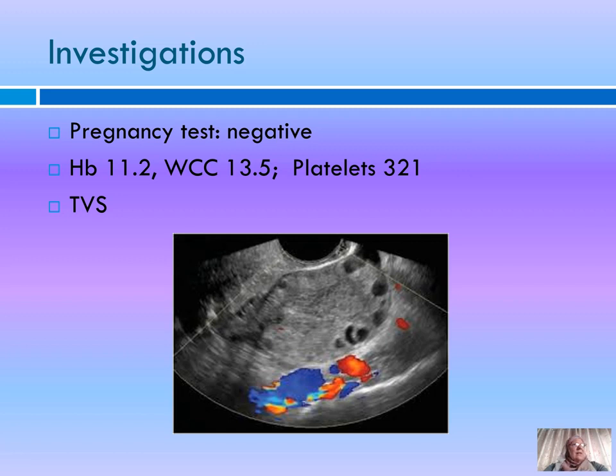And here you can see a slightly swollen adnexa. This is the right adnexa. It's slightly swollen, and it has a lot of blood flow around the adnexa. But there's no significant blood flow visible within the adnexal mass.